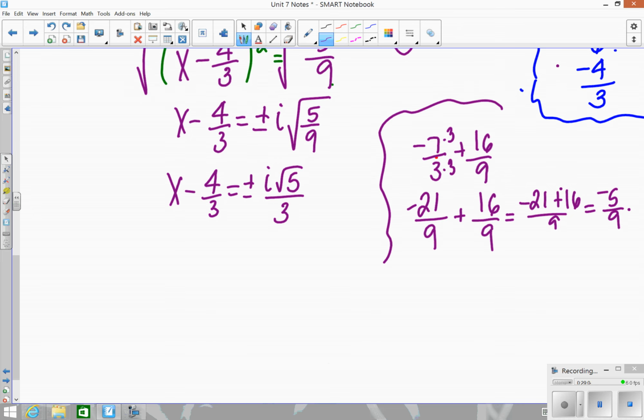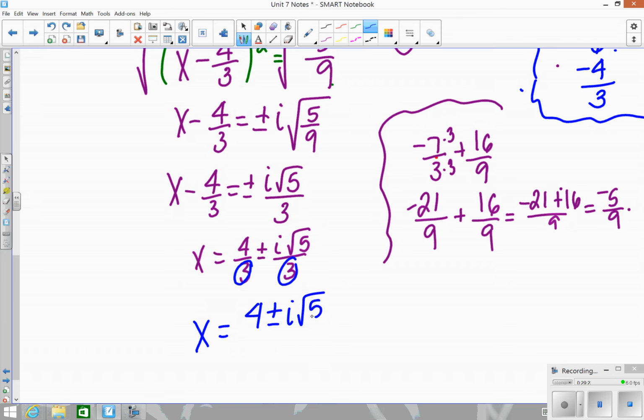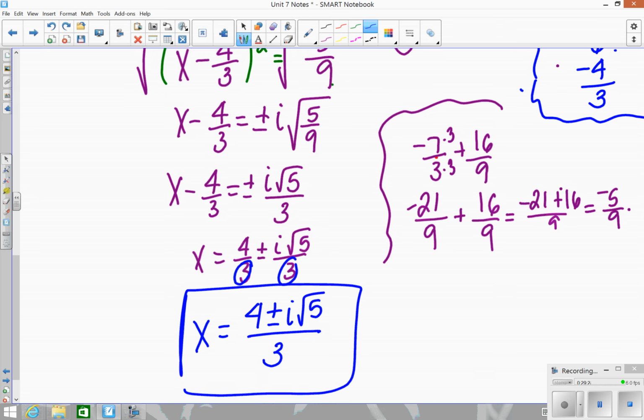I'm going to bring that 4 thirds over. So I get plus or minus i square root of 5 over 3. And the last step is, because these both have the same denominator, you can rewrite them as one big fraction. So 4 plus or minus i square root of 5 all over 3. So that one definitely has a pretty complex simplification just because of all the fractions, but that's as hard as these will be.